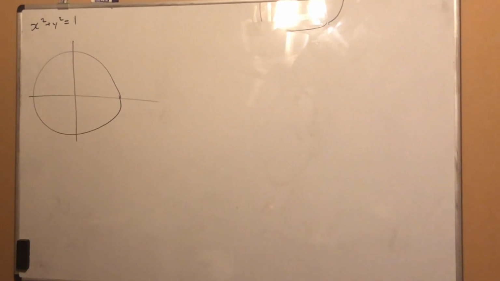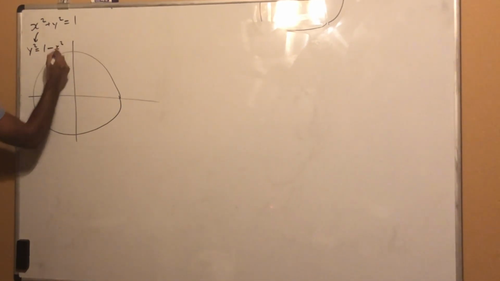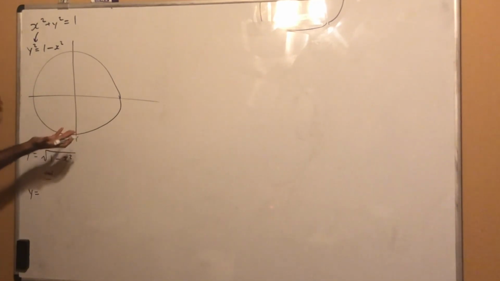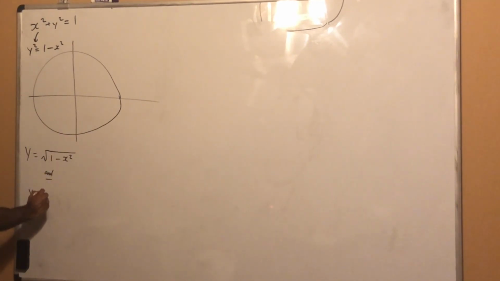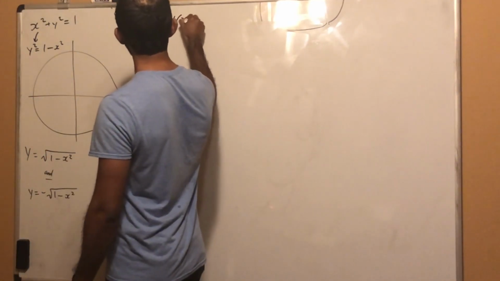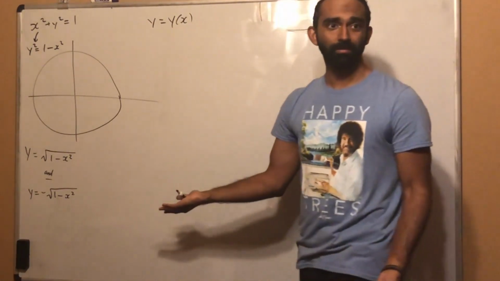Because when you solve for this in terms of y, you get y squared equals 1 minus x squared, but then you get y equals what? The square root of 1 minus x squared. Yeah, but you also get what else? Plus or minus. A circle is these two semicircles conjoined together. So how can I just simply assume, like I did before, that y was just one definite function of x? Clearly in this case, it's two.